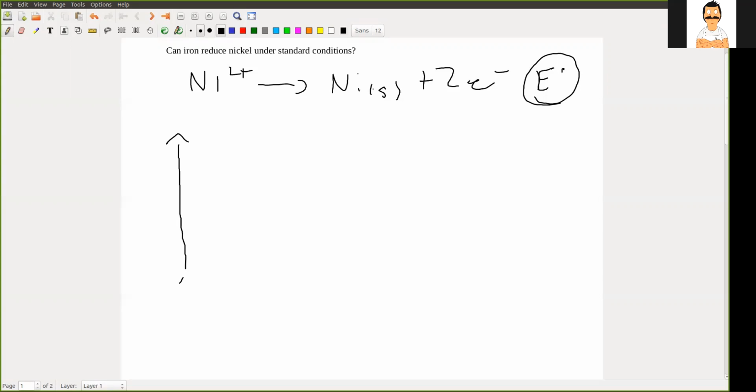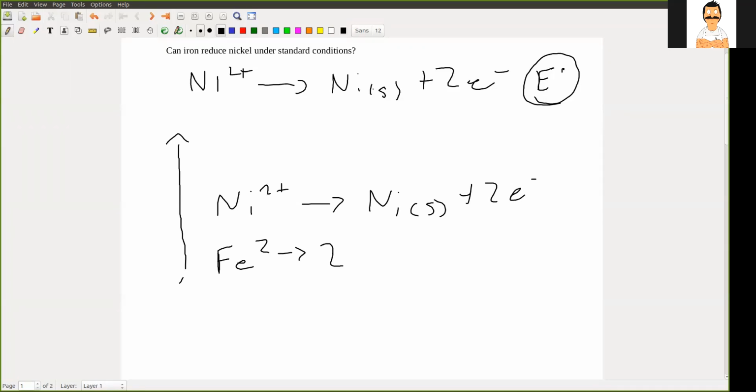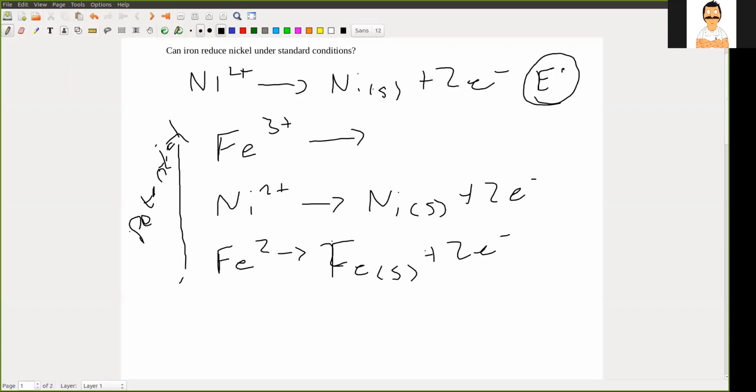So in this case, if you were to look at your standard reduction potential table, you have Ni2 plus yields nickel solid plus 2 electrons, and that will be between Fe2 plus yields Fe solid plus 2 electrons, and Fe3 plus will be much higher up, meaning the potential will be increasing as we go up.